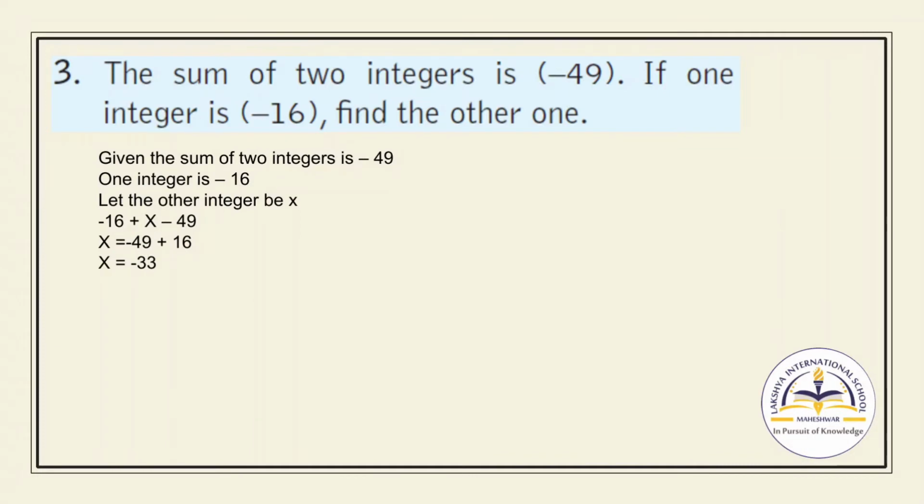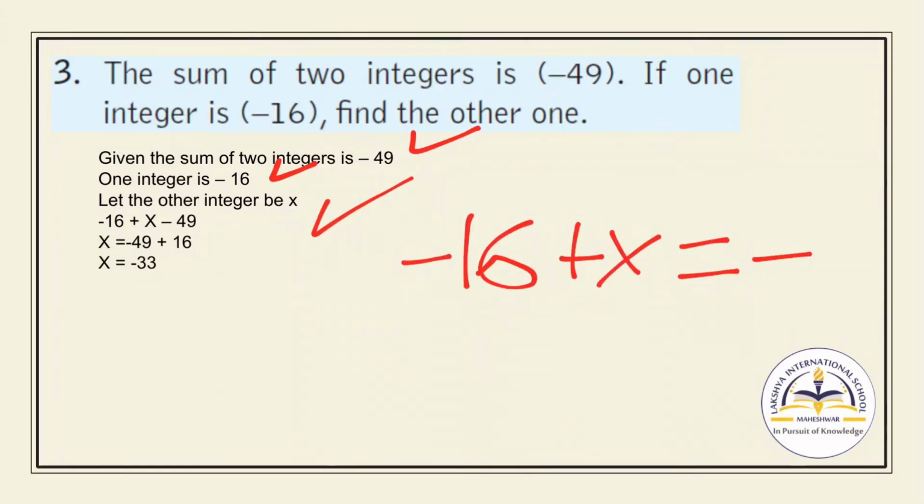Now question number 3. The sum of two integers is minus 49. If one integer is minus 16, find the other one. Let the other integer be x. So minus 16 plus x equals minus 49.